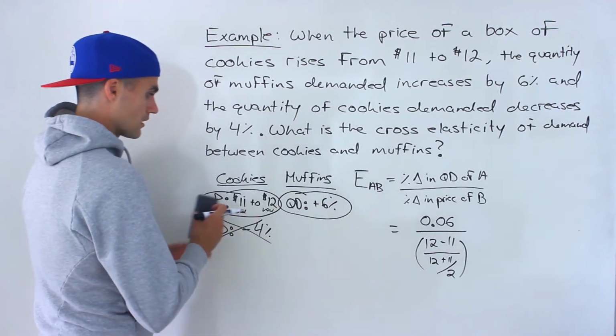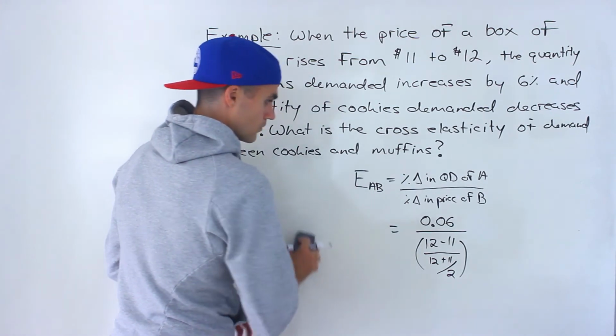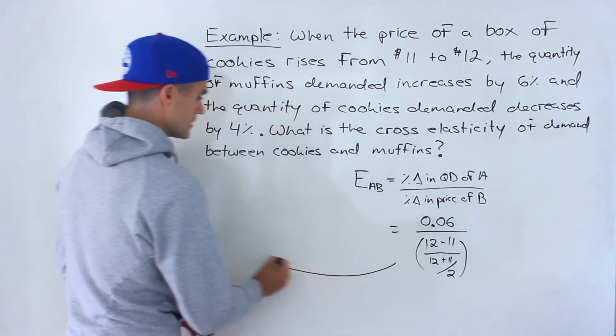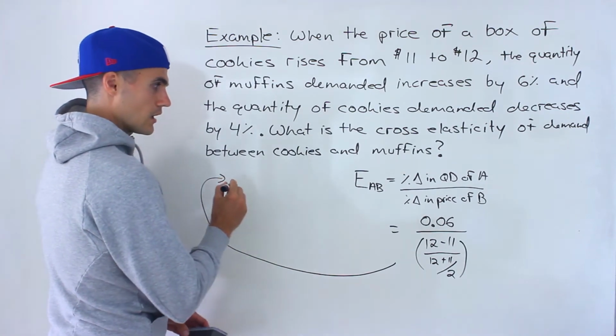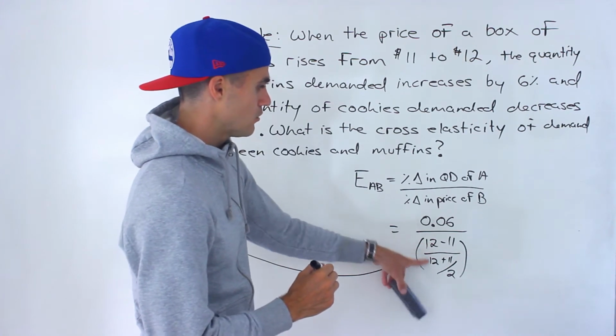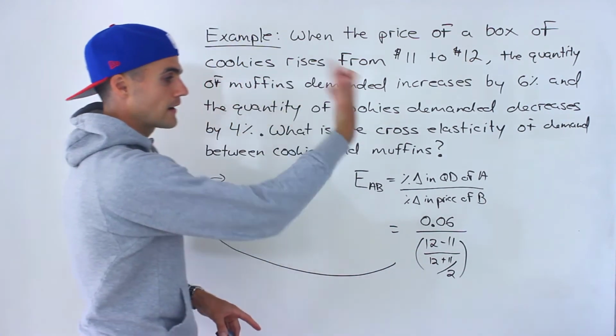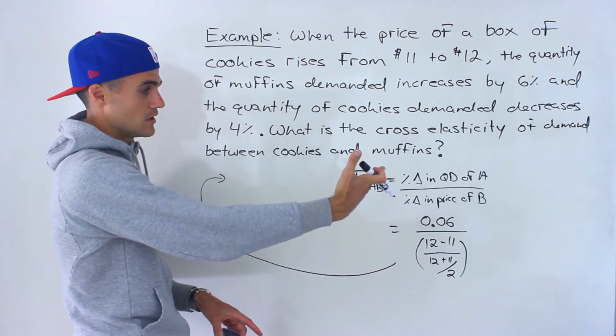Okay, so from here, I'm going to erase this. If we continue this over here, we'll end up with 0.06. Now, this is going to be a fraction over here, so I'm going to convert the 0.06 into a fraction, just in case the final answer is in terms of a fraction.